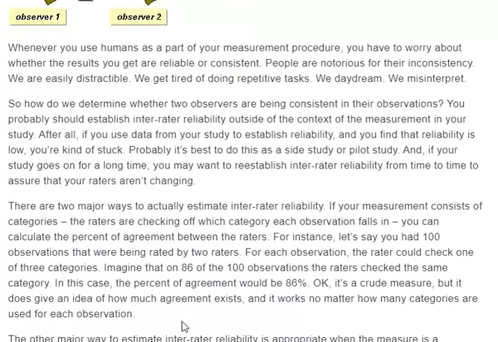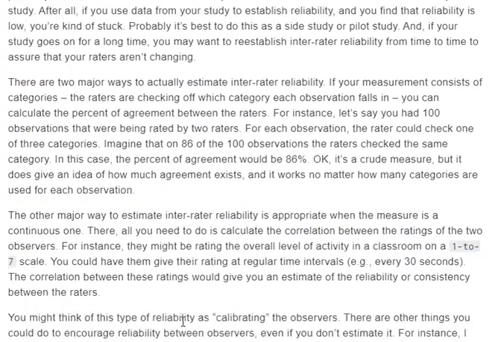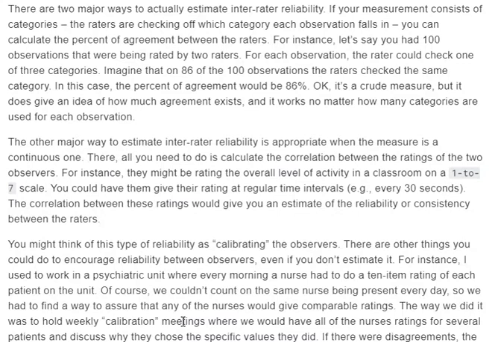If your measurement consists of categories, the raters check off which category each observation falls in. You can calculate the percentage of agreement between the raters. For instance, let's say you had 100 observations rated by two raters. For each observation, the rater could check one of three categories, and on 86 of the 100 observations the raters checked the same category.